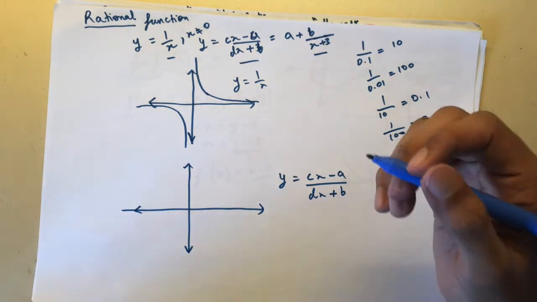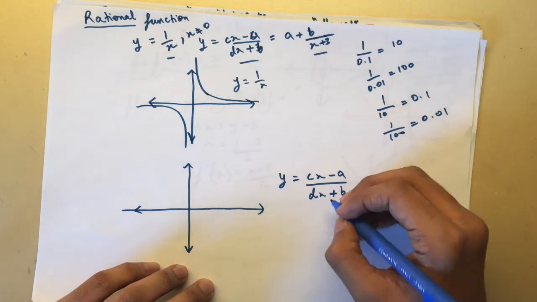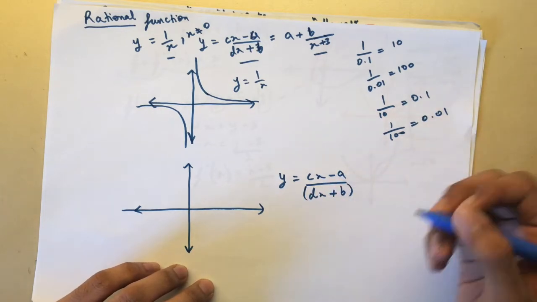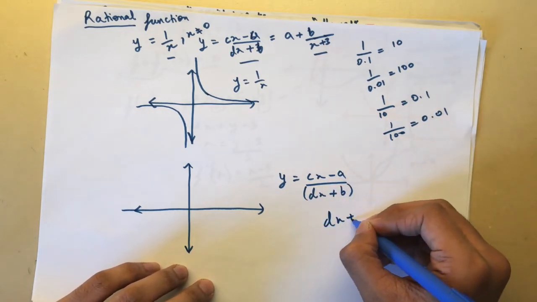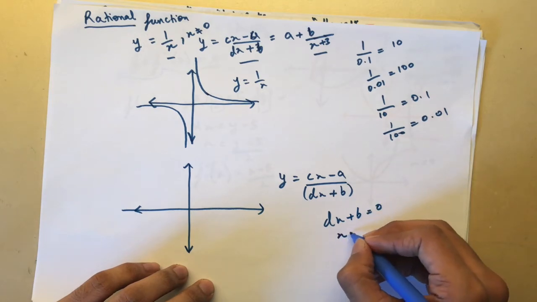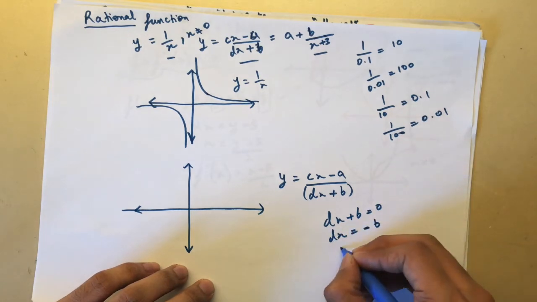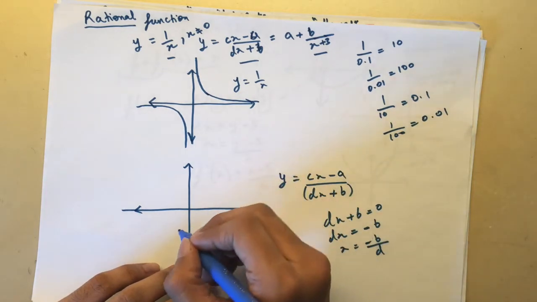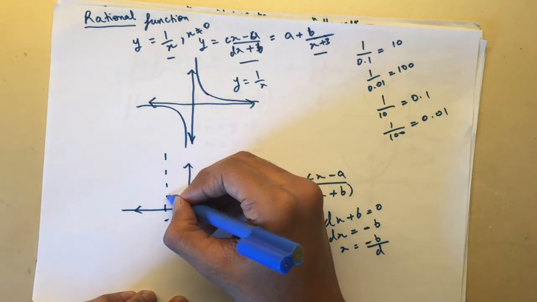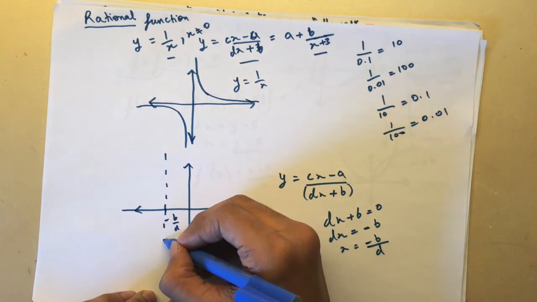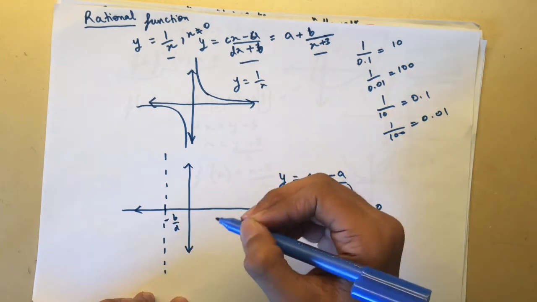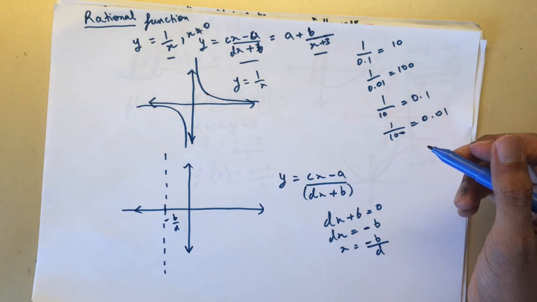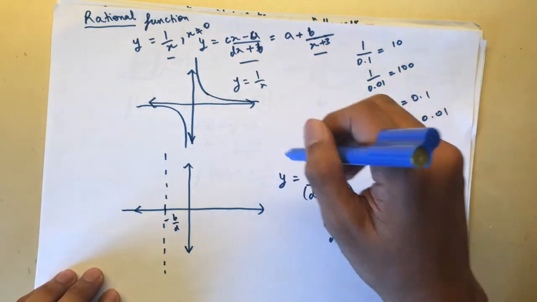Like I said, the denominator can't be 0, so we would have to look at where this is equal to 0. So dx plus b is equal to 0, dx is equal to minus b, x is equal to minus b upon d. So at minus b upon d, there would be something known as an asymptote, which is a place where the function doesn't exist. And then it would have the same basic graph.